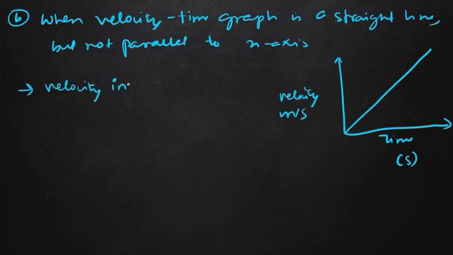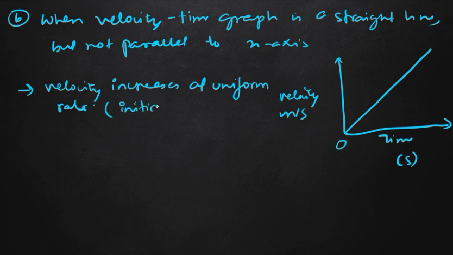Fine. From this graph we can say that initially the position of the body is at rest, because it is 0. So initially the body was at rest.